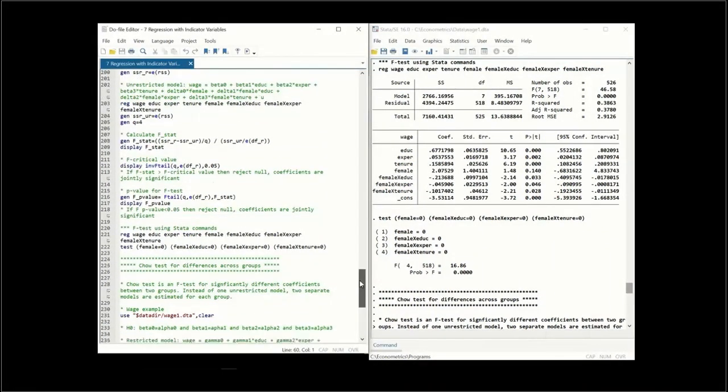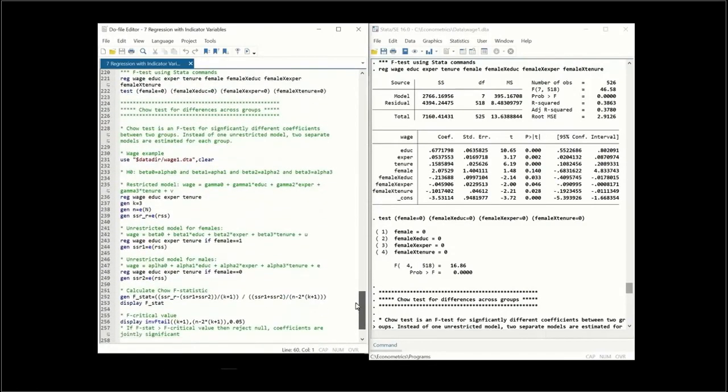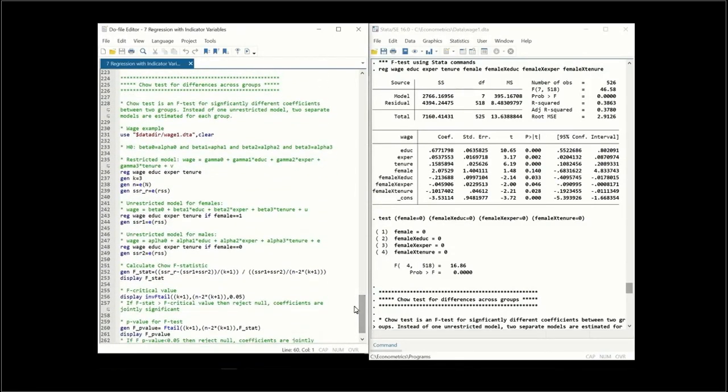Now, if we want to do the Chow test for differences across groups, that gives you exactly the same results as the F-test. The only difference is that instead of estimating an unrestricted model, we're going to estimate 2 different models, one for female and one for male.